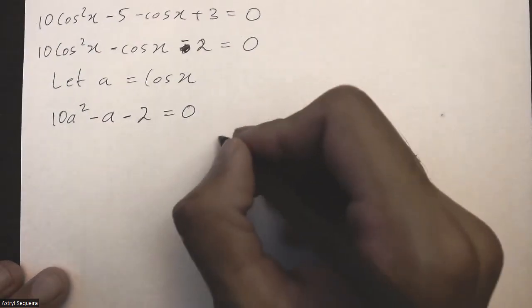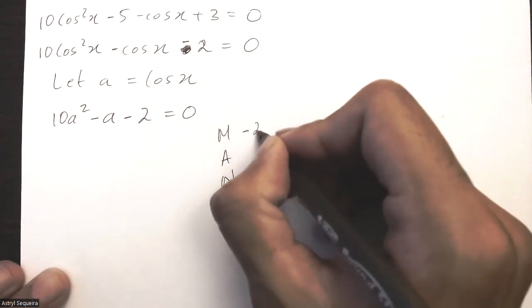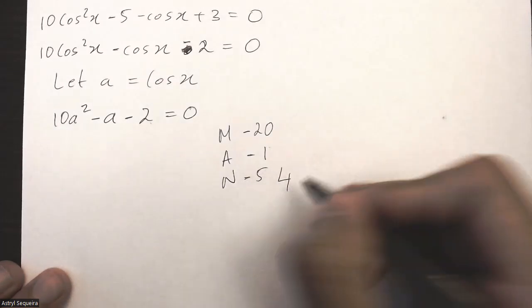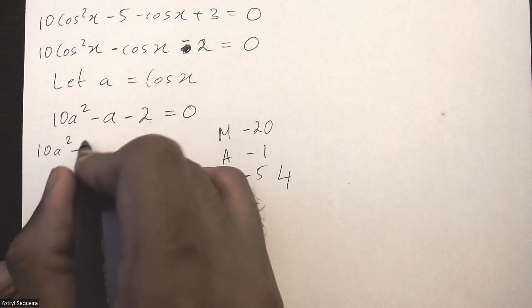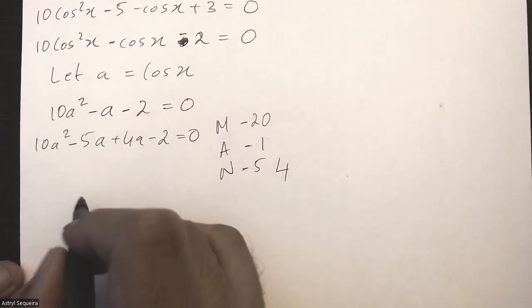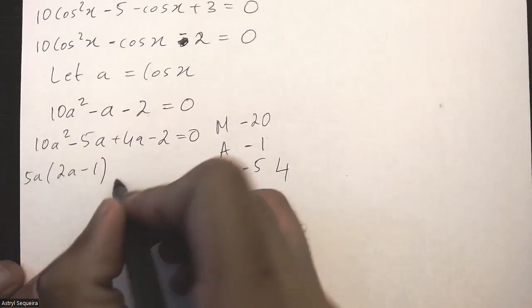I want to factor this. I'm going to use my man method. I need two numbers that multiply to negative 20 and add to negative 1. It's negative 5 and positive 4. So I have 10a squared minus 5a plus 4a minus 2 equals 0. Common factor here is 5a, 2a minus 1.